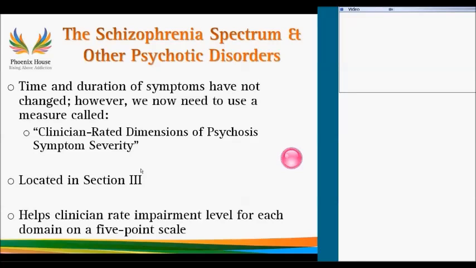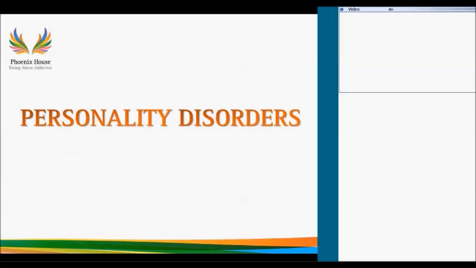And this was often misdiagnosed, especially when it came to the GAF score. So in order to help people who are maybe not so familiar with how to diagnose severity in a psychotic patient, there's now this clinician-rated dimension located in Section 3 to help clinicians rate impairment in functioning, and it's based on a Likert scale, a 5-point domain.